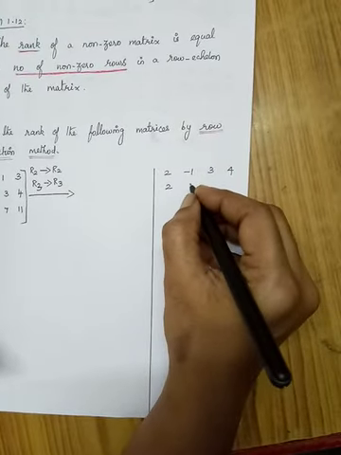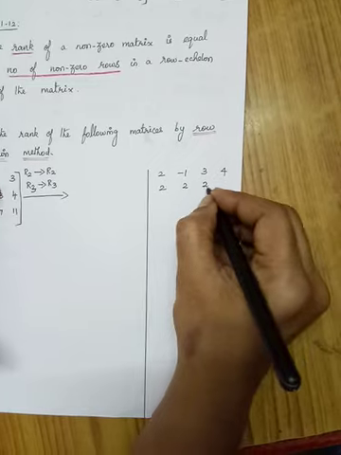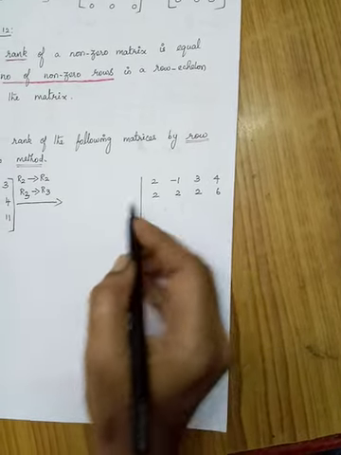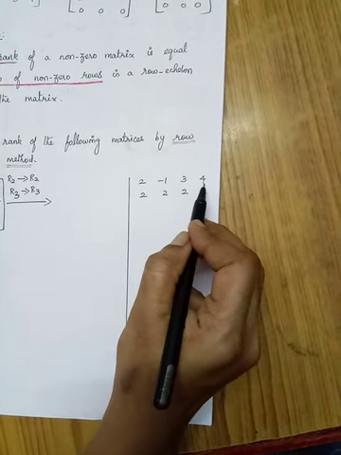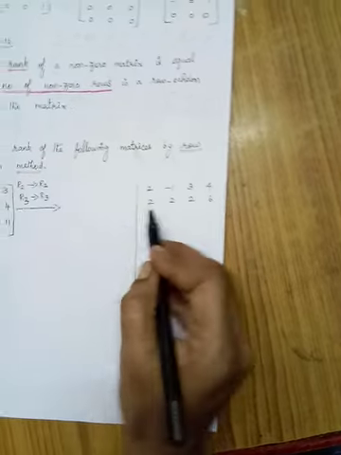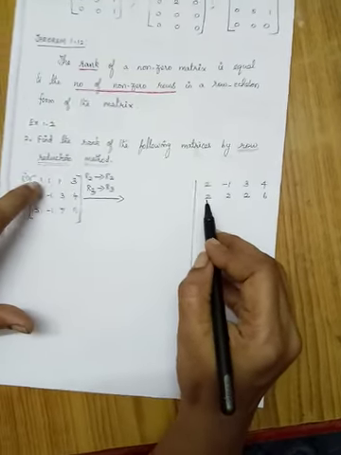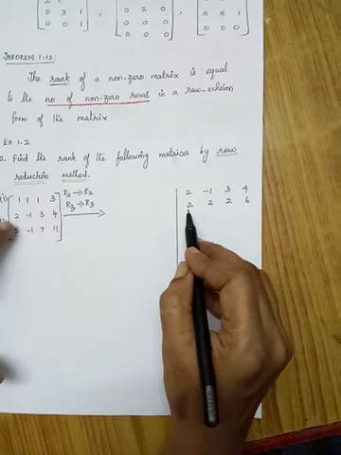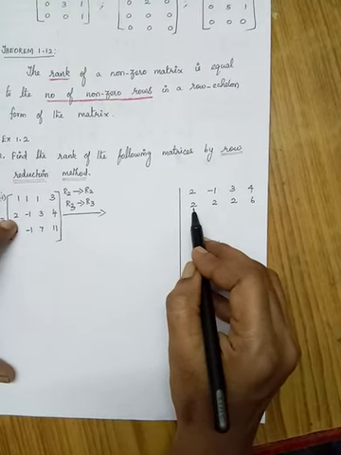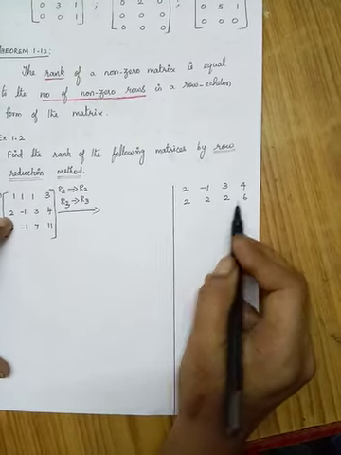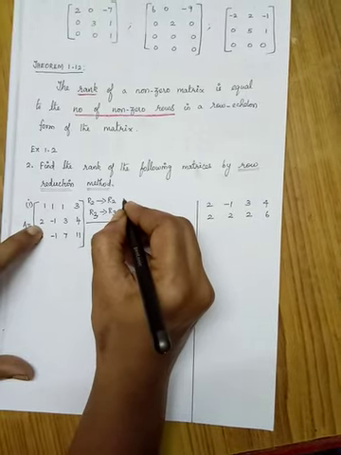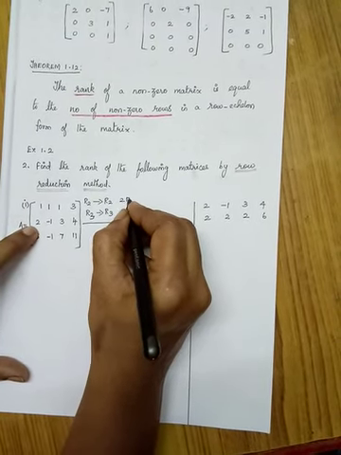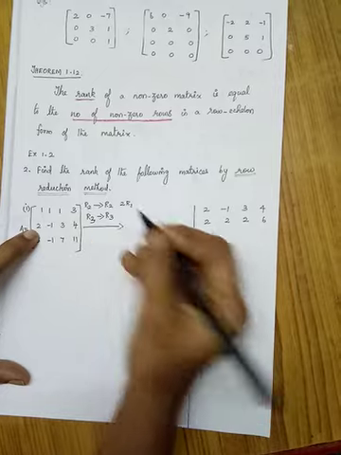So 1 into 2 is 2, here also 2, here 6. You look at this, I have written R2 first. Now the elements of R1 have to be multiplied by 2: 2, 2, 2, 6.